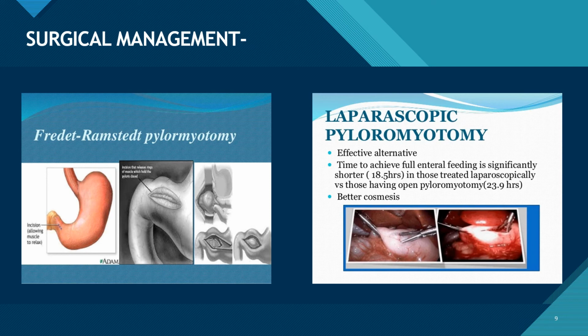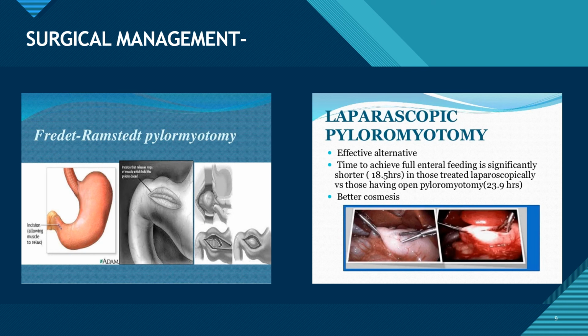Next is your surgical management. So in pyloric stenosis, the main management is surgical management. Okay, so this is the name of the surgical procedure. First one is Fredet-Ramstedt pyloromyotomy, and second one is laparoscopic pyloromyotomy.